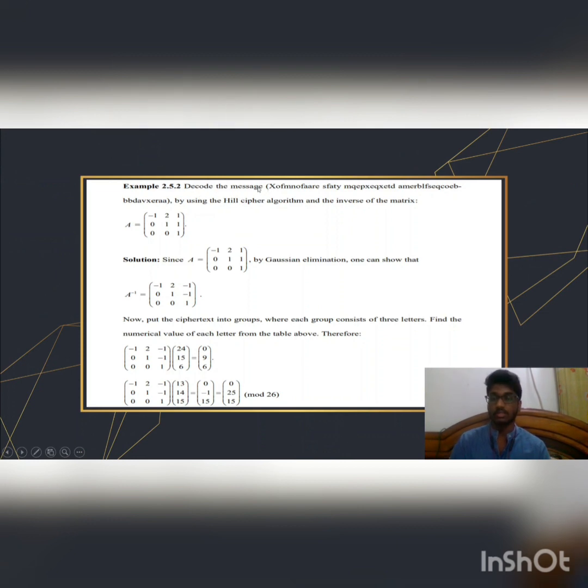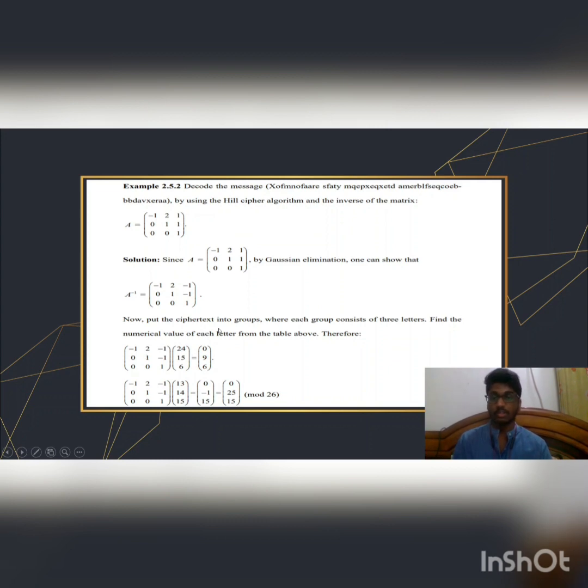It's asked to decode the message given using the Hill cipher algorithm. So the matrix A is given. By Gauss elimination, we can find A inverse, and now we put the ciphertext into groups, where each group consists of 3 letters because it's a matrix of order 3.